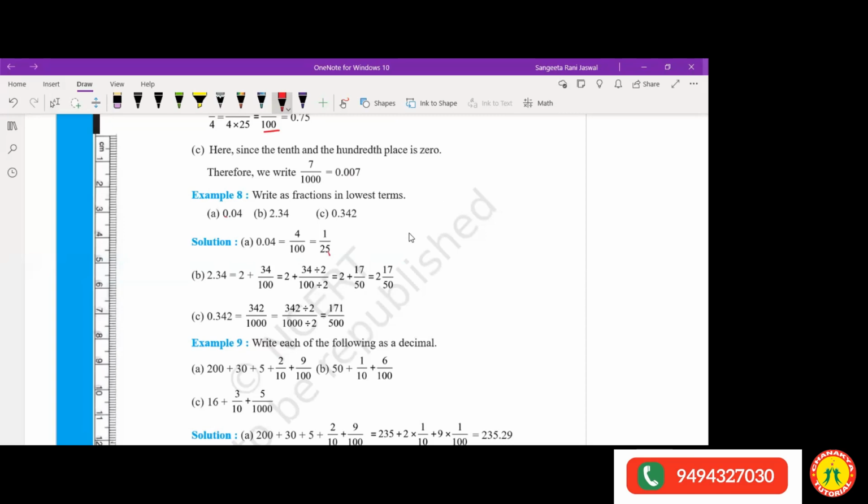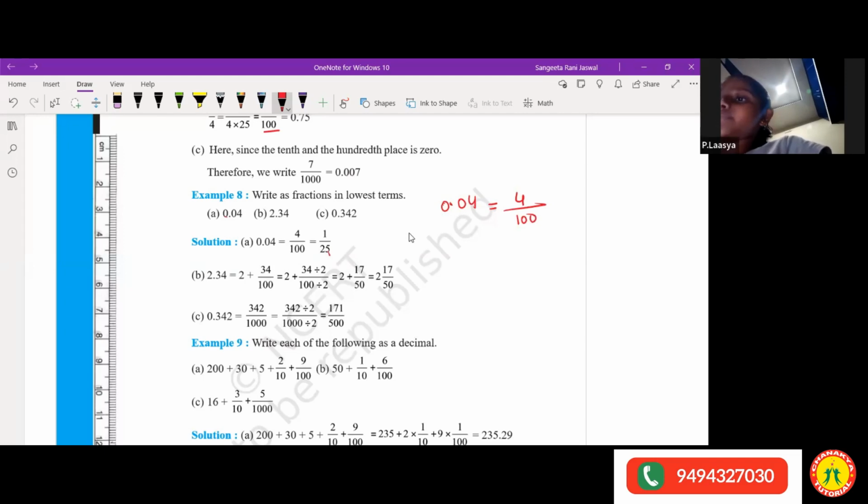So when you have 0.04, that means you write 4 in the denominator... you put 4 in the numerator, and after 2 digits of the decimal point, there is 100. That means for these 2 digits you will put 2 zeros here. So it becomes 4 by 100.